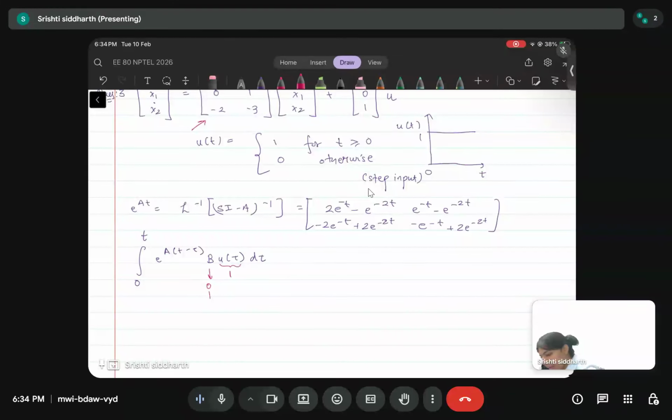So when you multiply by e to the power A(t minus tau), substituting t minus tau here, and then post multiplying by this vector, we are selecting the second column of e to the power A(t minus tau).